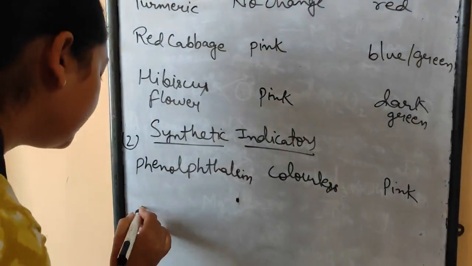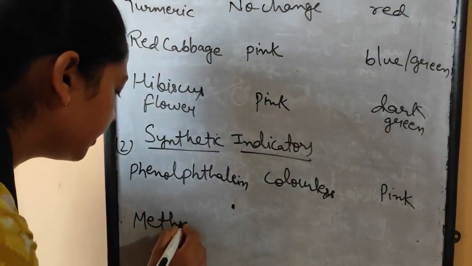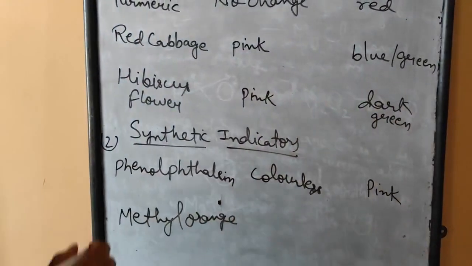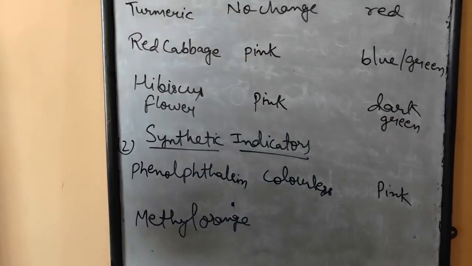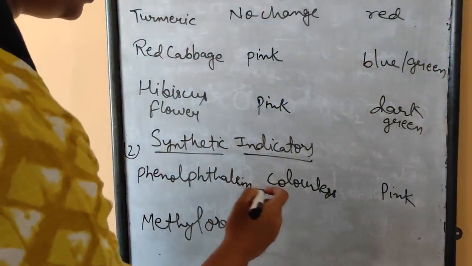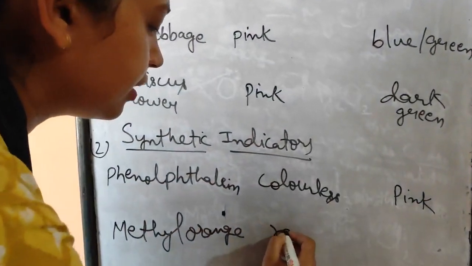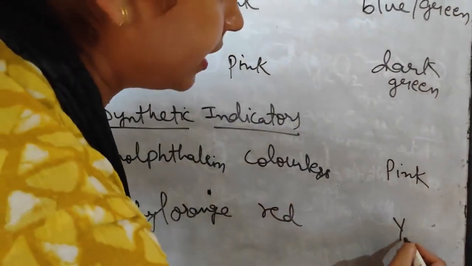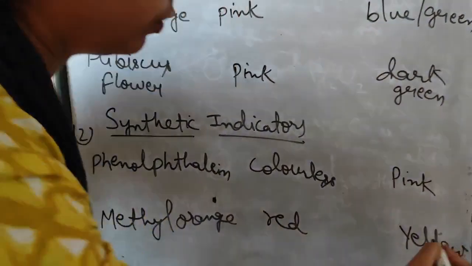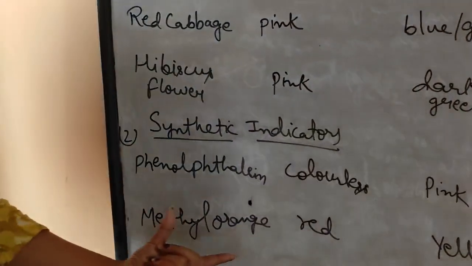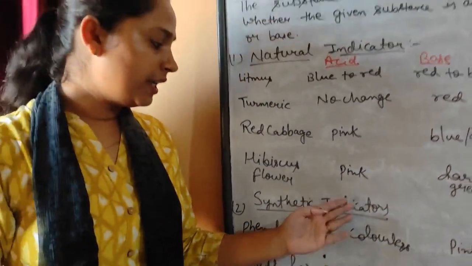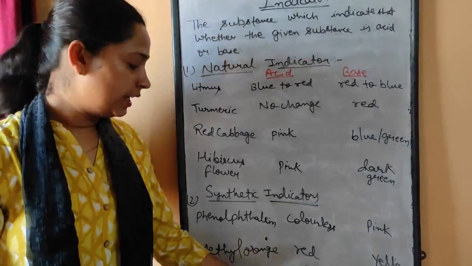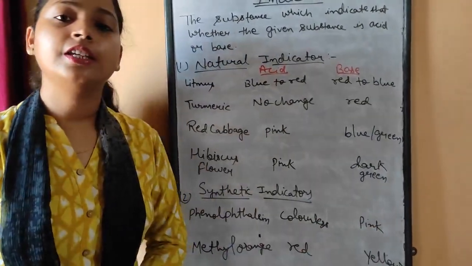One more indicator is methyl orange. Methyl orange is also a synthetic indicator. In acid, this methyl orange changes to red, and in bases it changes to yellow. Methyl orange's original color is orange. So when we add acid in this methyl orange solution we'll have red color, and in bases it gives yellow color.